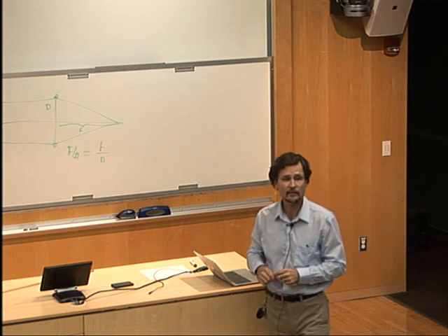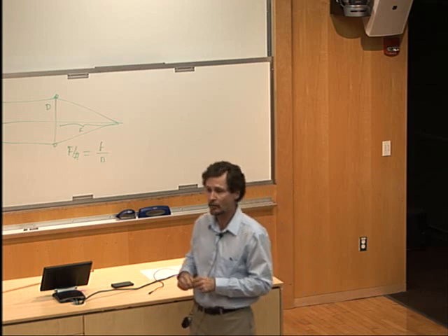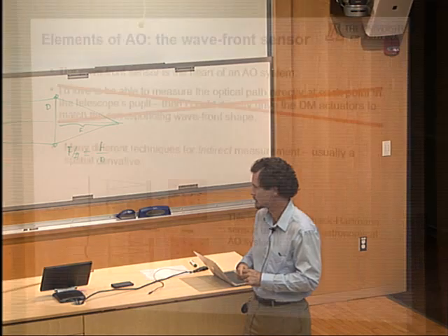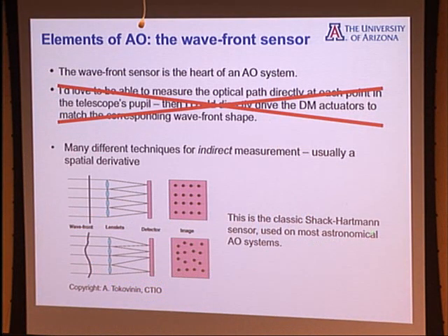This is the usual way. It's by no means the only way. In fact, it's not the way that the LBT uses, but it's almost ubiquitous in systems around the world. The so-called Shack-Hartmann sensor, originating from a Hartmann test by a professor at Potsdam 100-odd years ago to measure a crappy telescope lens that Kaiser Wilhelm had just commissioned to great fanfare, and then they found out it was a terrible telescope, so they had to go refigure the lens, and Hartmann figured out a way to test it, because you can't fix what you haven't measured.